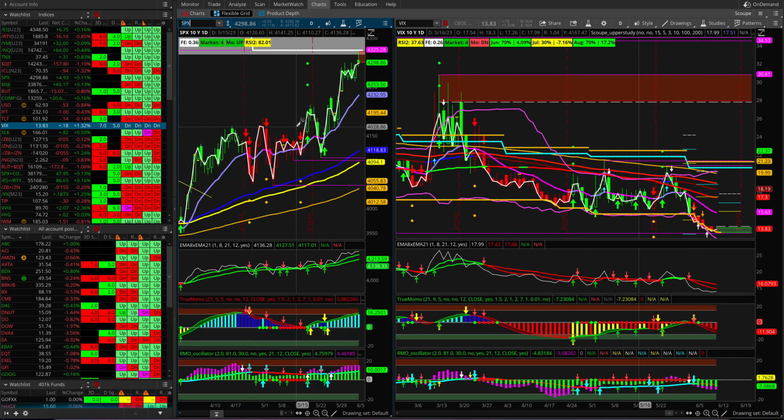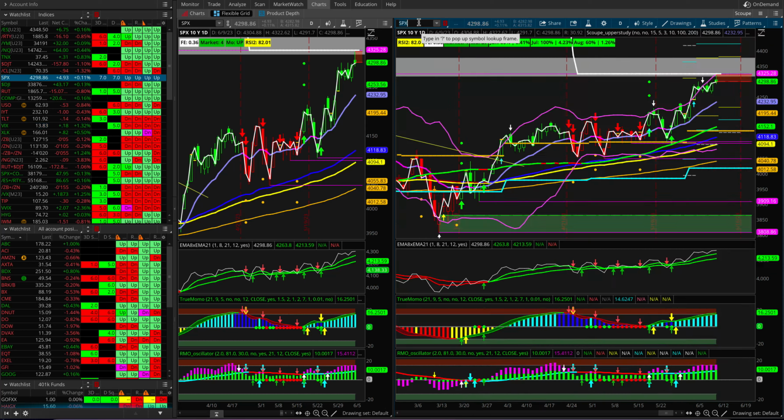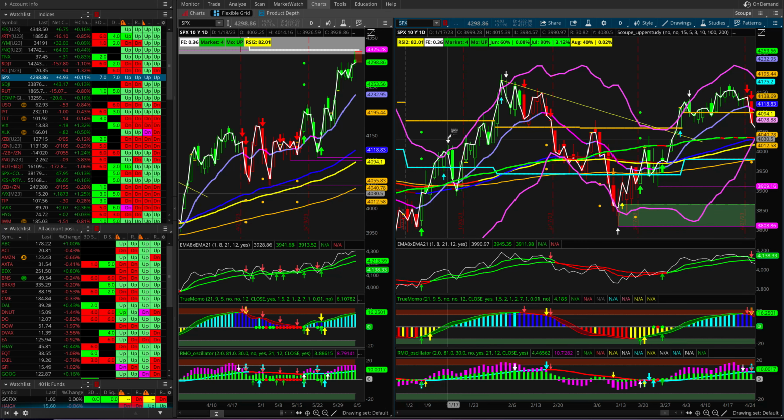I don't have the Bollinger Bands on the left chart, but let's look at the SPX over here. You can see when the SPX was done with its move to the top. I have an arrow that prints right there when it goes out and comes back in. It also goes out, comes back in, and continues its move higher, up to 122, over a few weeks.